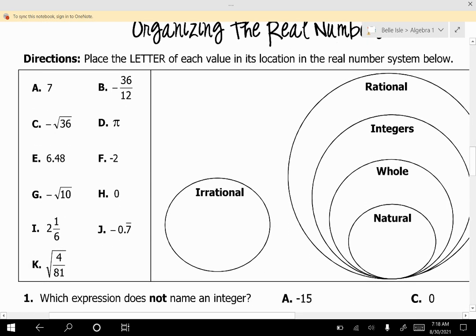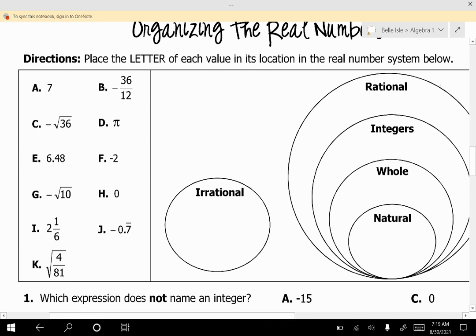Okay, so we're still sorting. Now we're looking at this almost like a Venn diagram of sorts. So some of them will fall into each little circle.